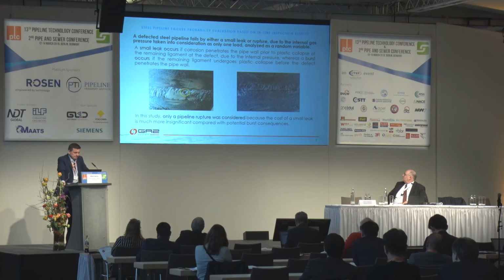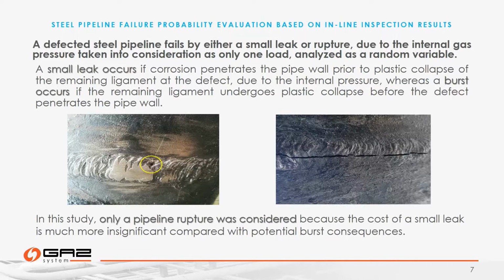In general, a steel pipeline fails by either a small leak or a rupture. The main load, internal pressure, is taken into consideration as a random variable with certain distribution.